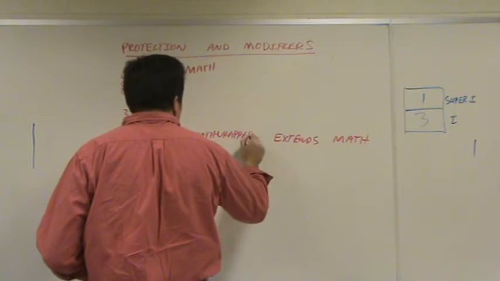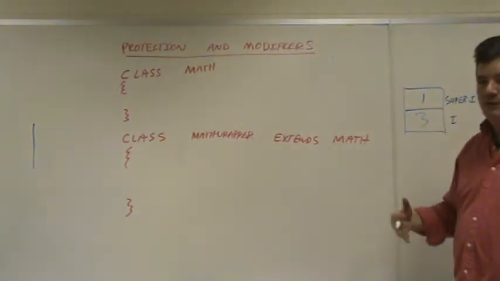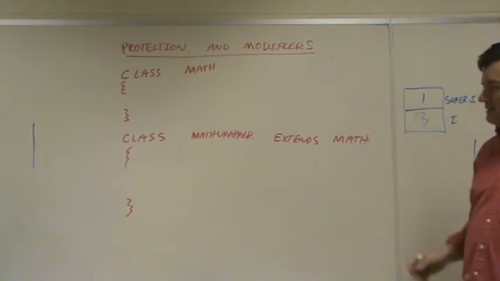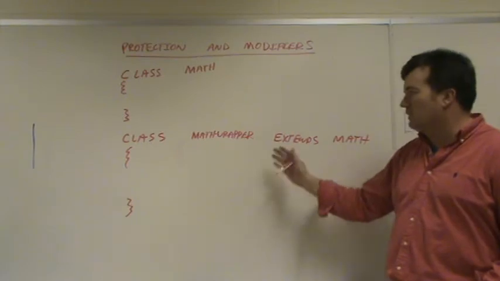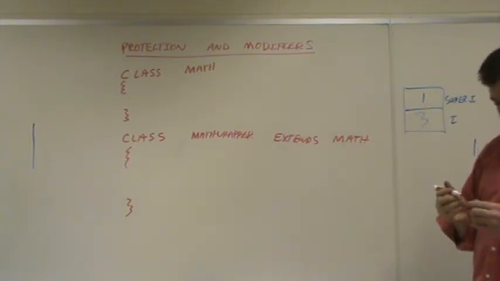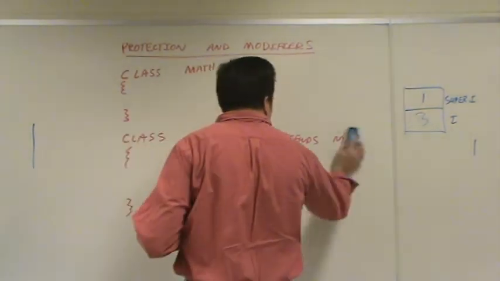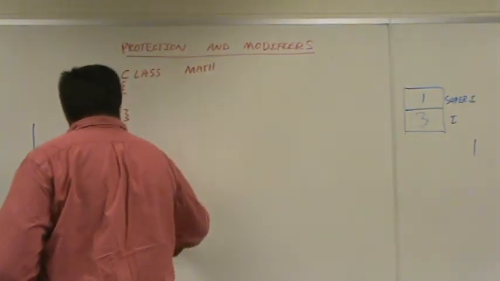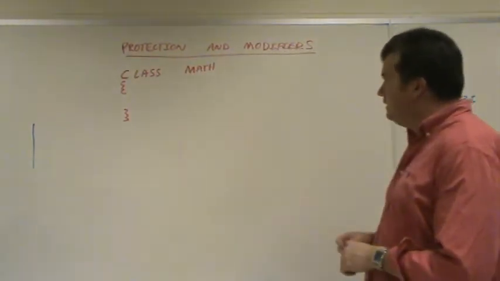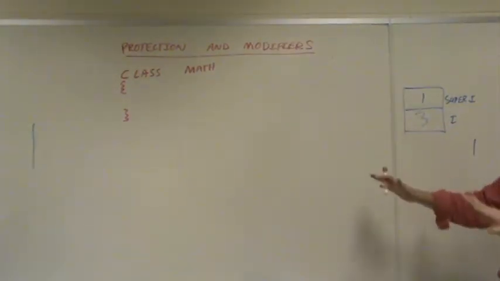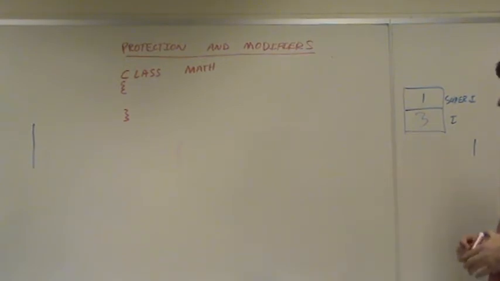I'm using the word wrapper to mean a class that inherits but adds nothing new. You might think it's the same exact class as before, but now you can start saying MathWrapper dot square root, and that could screw up the way it's packaged together. So there are reasons why you might create a class and never want it to be inherited from. You say, this is the final version of it. I don't want somebody inheriting it and then trying to add more to it.